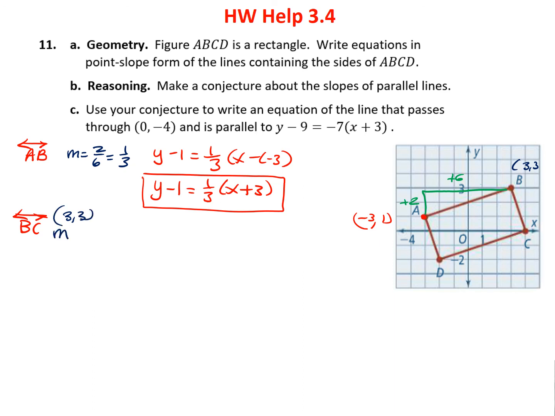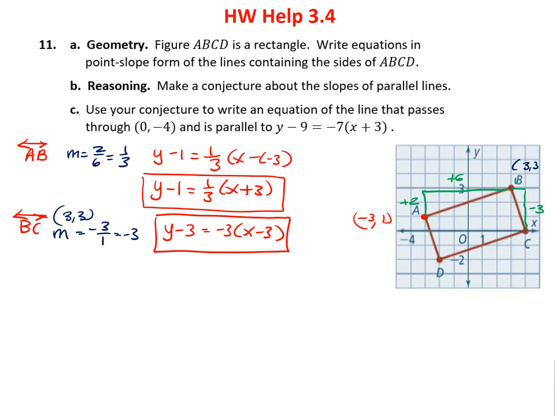And what's my slope? Notice it goes down 1, 2, 3. It goes down 3 and over 1. So my slope is minus 3 over 1, or just minus 3. So my equation is y minus 3 equals minus 3 times x minus 3. And that's my equation for that line.